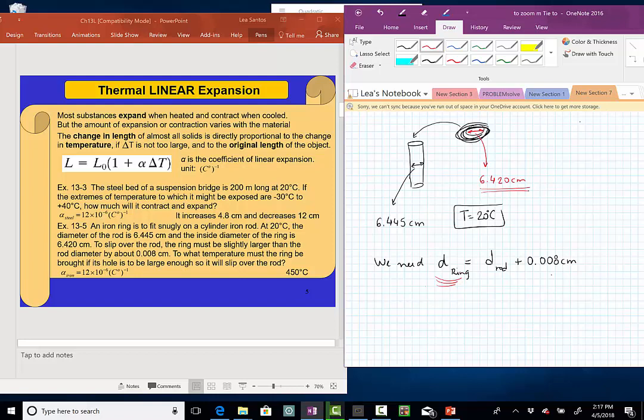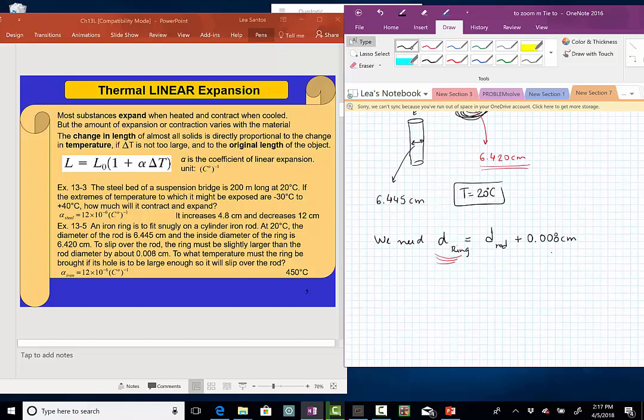All right, so we know what we need. We know what the final L is that we need. So the final L is this number that you can compute, 6.445 centimeters plus 0.008 centimeters. This is what we want.